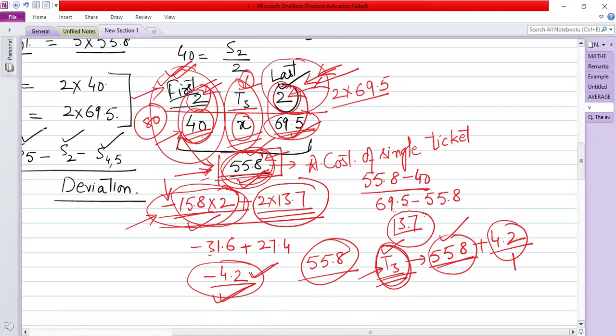Means this third friend should have 55.8 plus 4.2 divided by 1, because the shortfall is to be covered by one person, the third person. Means this T3 must have 55.8 plus 4.2, and it will be 60 rupees. He must bring 60 rupees. Only then will the five friends be able to see the movie.